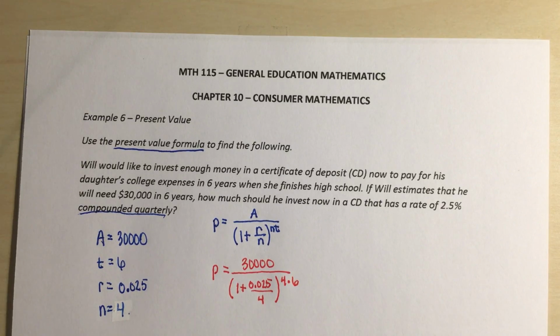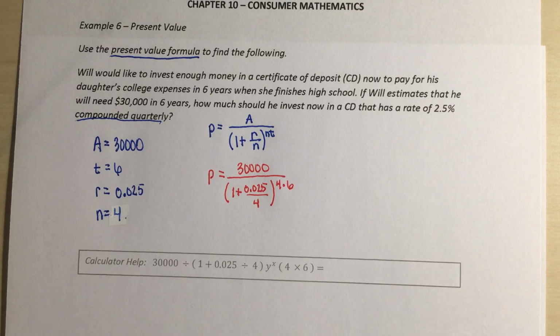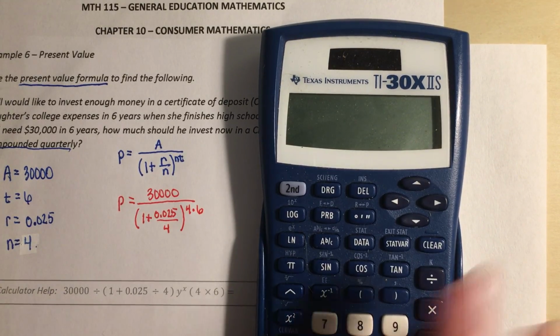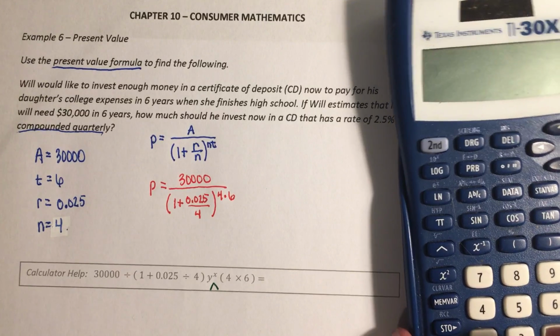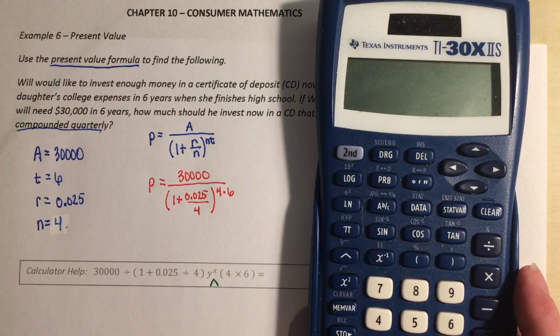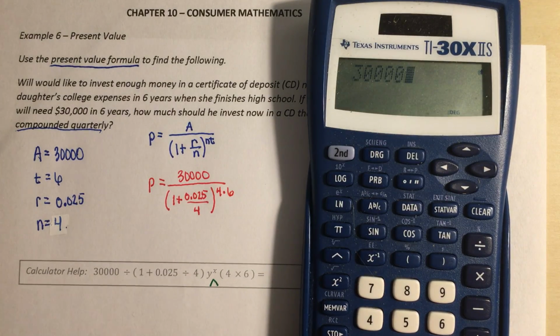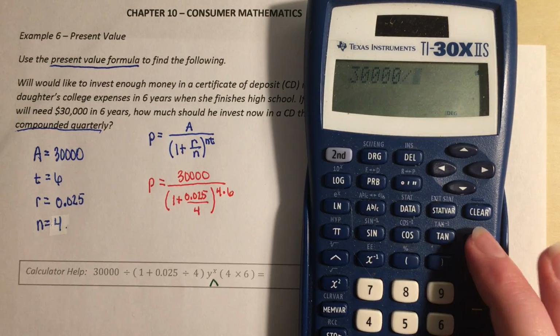Under here, I did put in some calculator help again, so we're going to use this to enter this into our calculator. This y to the x is also our caret button, so depending on the type of calculator you have, you might see a caret button instead. We're going to take 30,000, making sure we got the right number of zeros. Divided by.